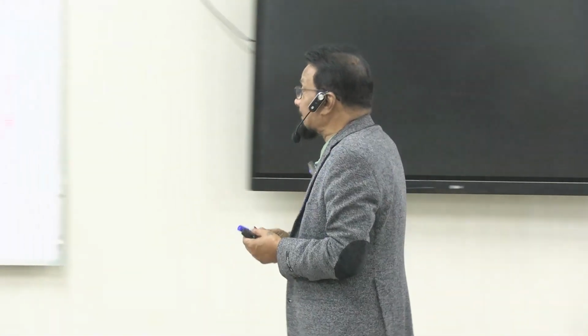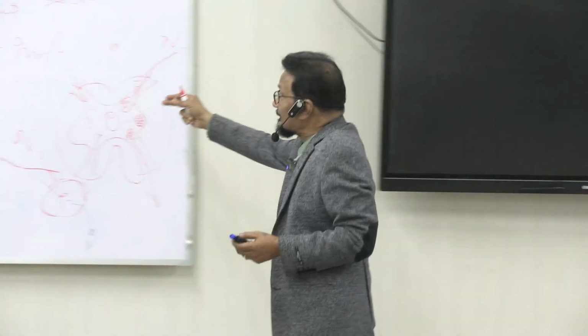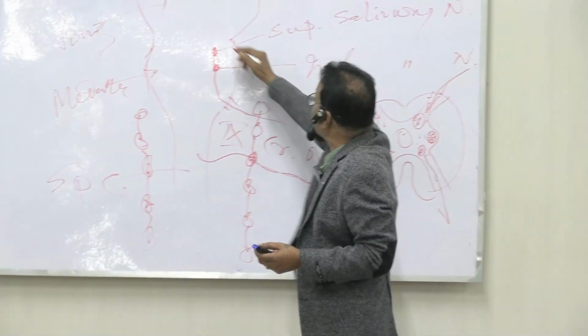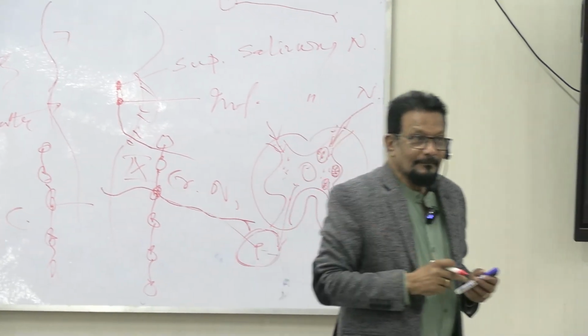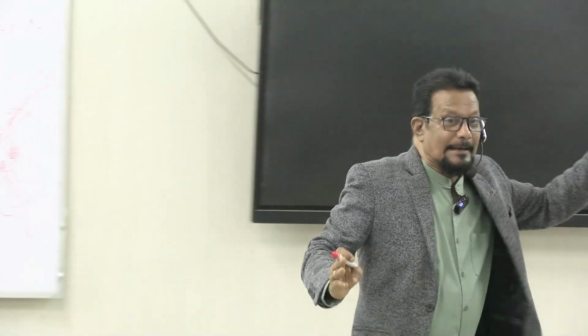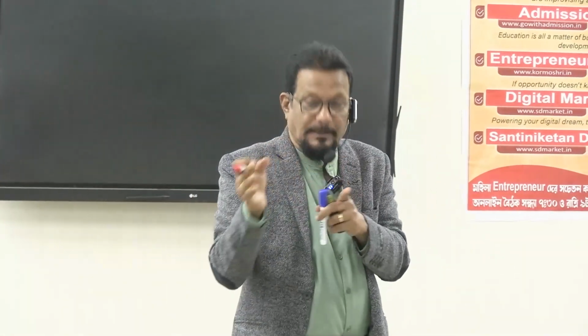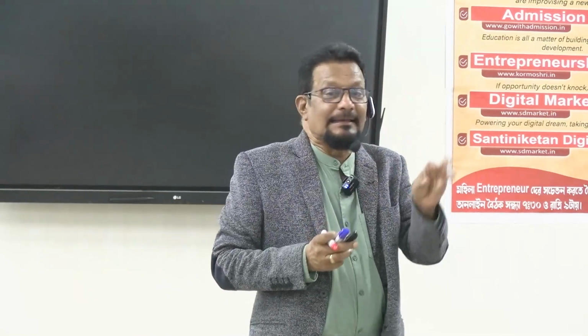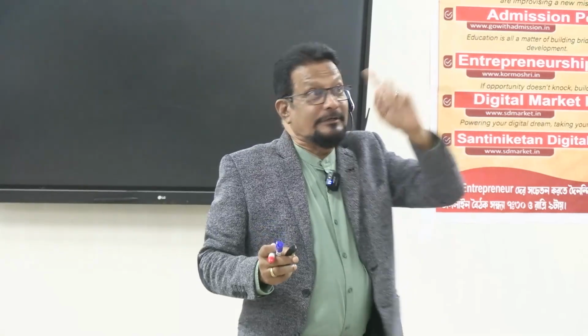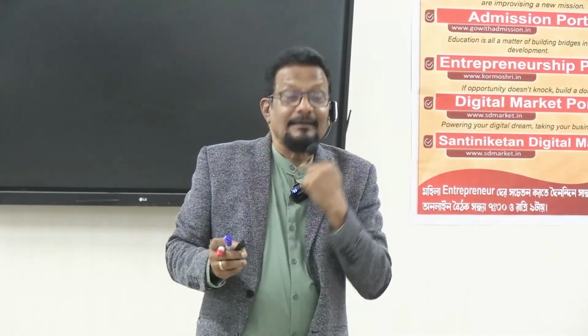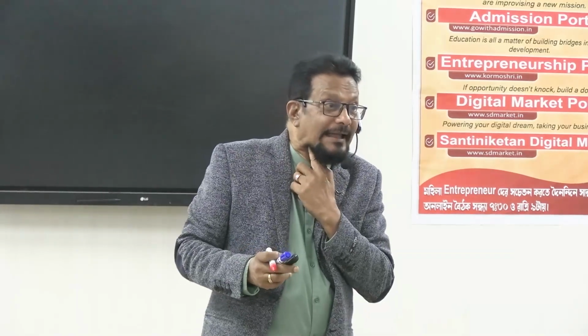But in case of parasympathetic nerve, they actually arise from here through cranial nerves, they come out. And here the presynaptic neuron is long, but postsynaptic neurons are short. Why short? Because here the ganglia lies close to the organ. So it is coming down from the cranium to this gland.